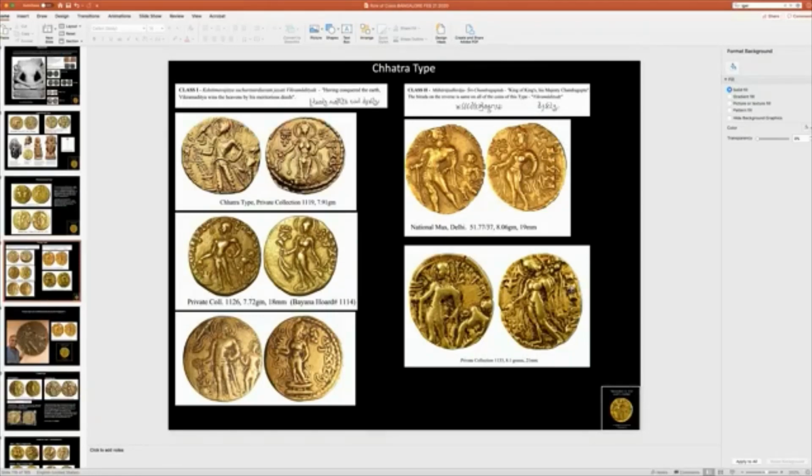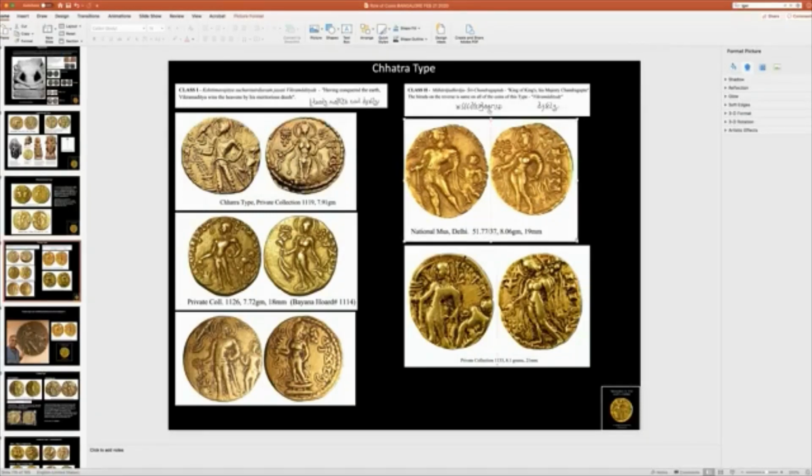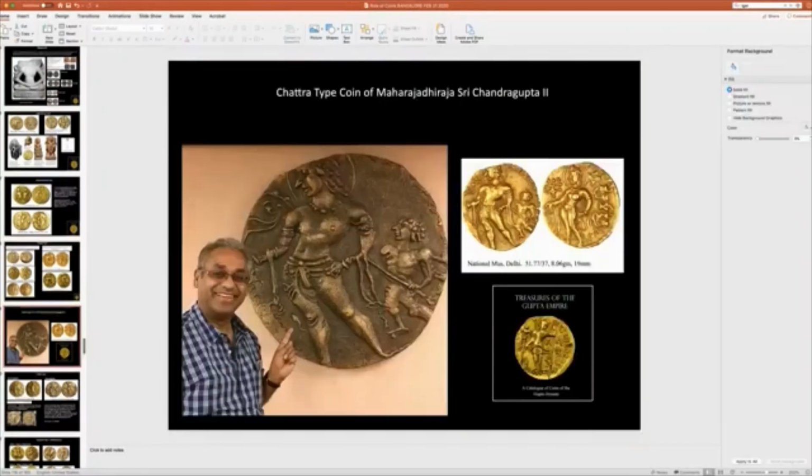So this coin, those of you that have traveled to Delhi airport will recognize. This is in the National Museum, Delhi, as a big decal, a big sculpture on the wall.